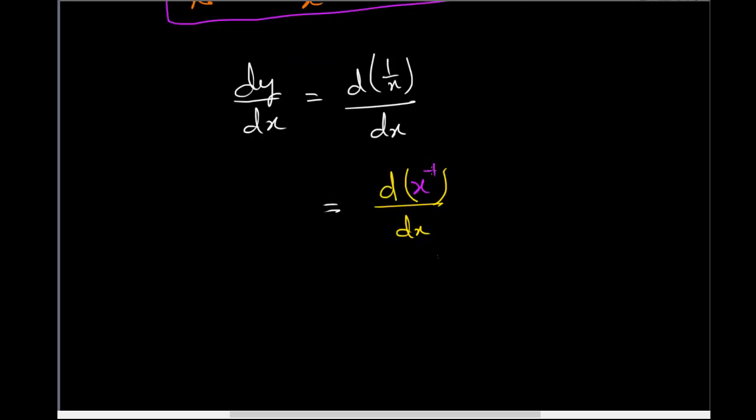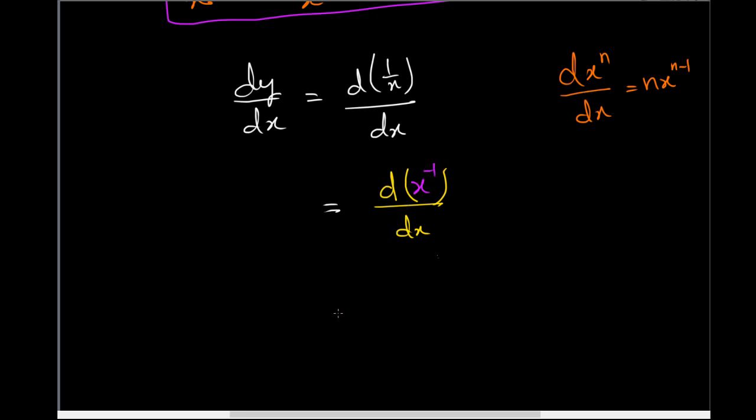If we use the same formula that we saw earlier, the derivative of x to the n with respect to x equals n times x to the n minus 1. Here n is equal to -1.